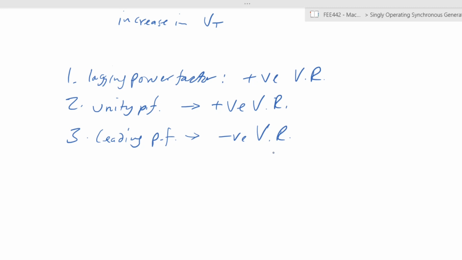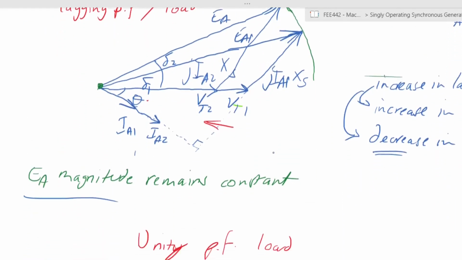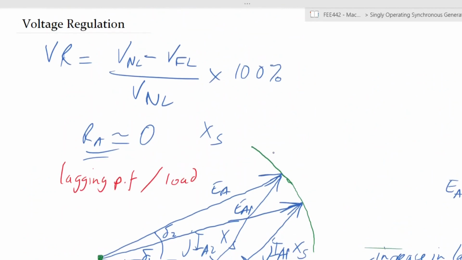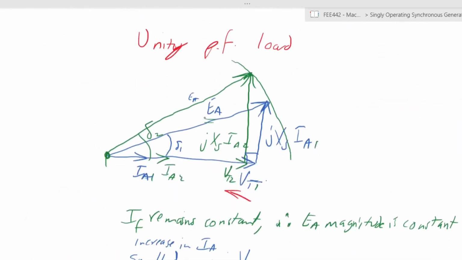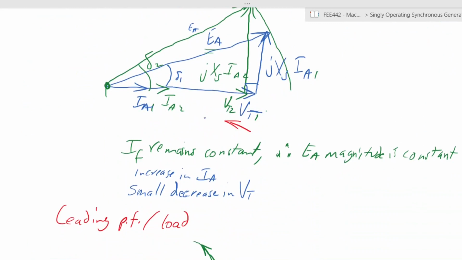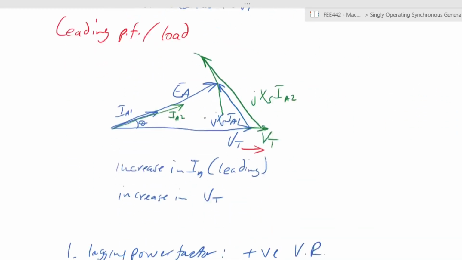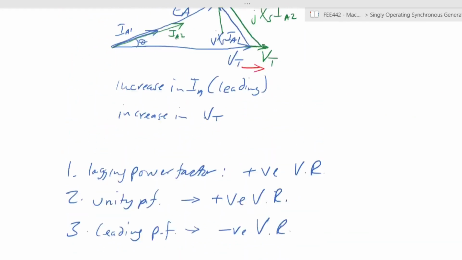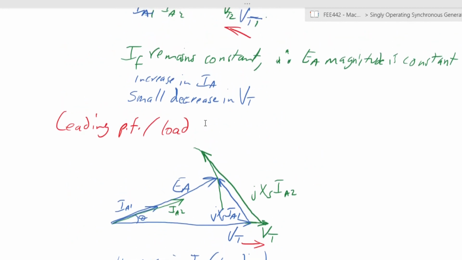And remember to bear in mind that the value of these voltages, in this particular case, we are saying these are instantaneous loads that we do not have time to change the excitation. So remember that the values of EA are remaining the same during the time periods that we are looking at. In the case of adjusting the value of EA, which we will look at later on, you would be able to compensate for this. So other ways of compensating for this would be that, of course, you change the excitation to match with whatever you are talking about.